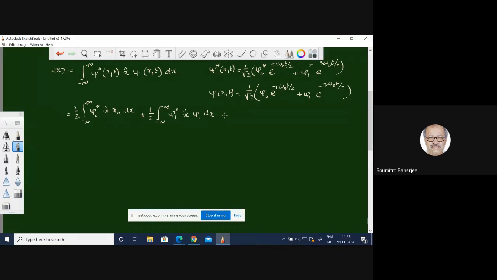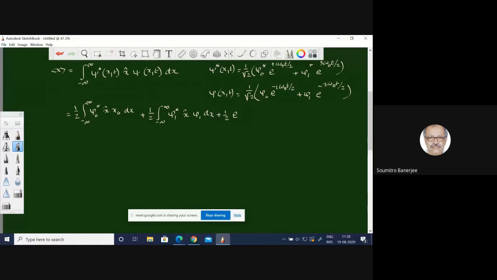Then, in these 2 terms, the phases actually cancel off, but when you cross multiply, these terms will remain. So then it will be plus half.